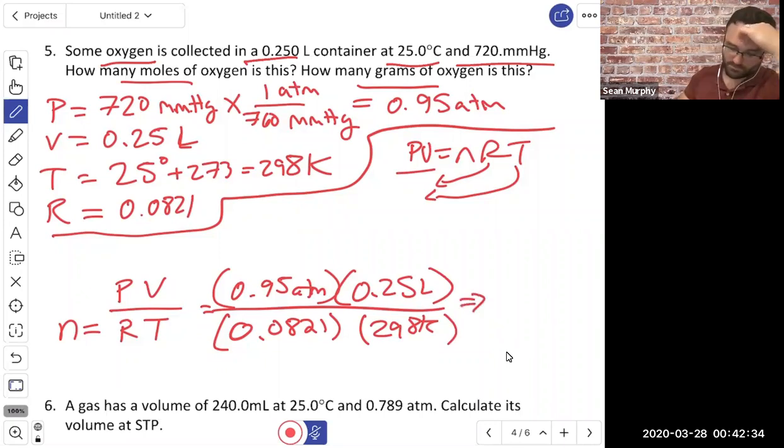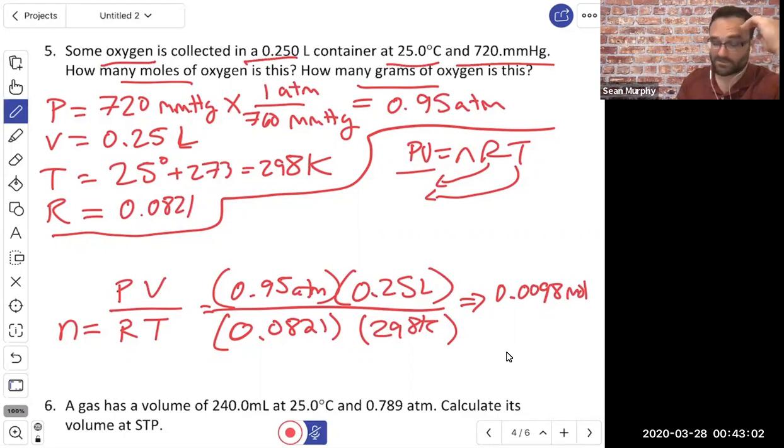And let's do this. 0.95 times 0.25 divided by 0.0821 divided by 298. Oh my gosh. We have 0.0098 mole.